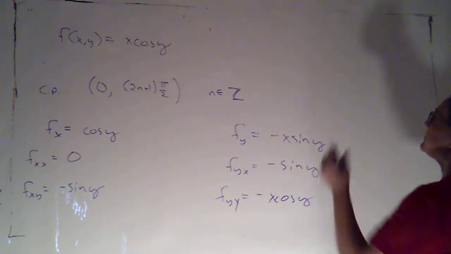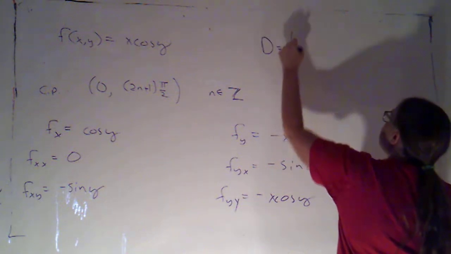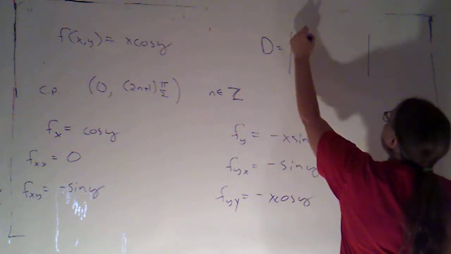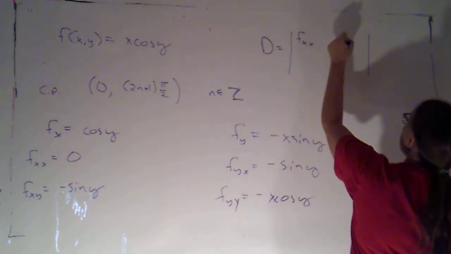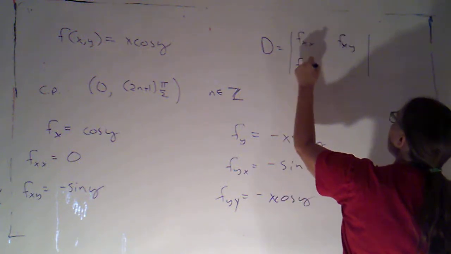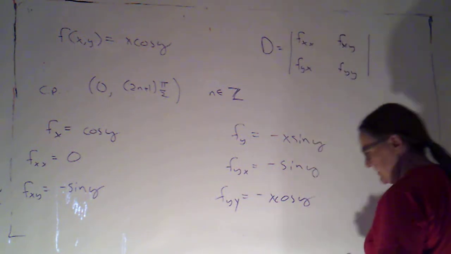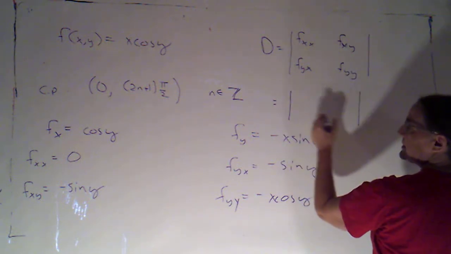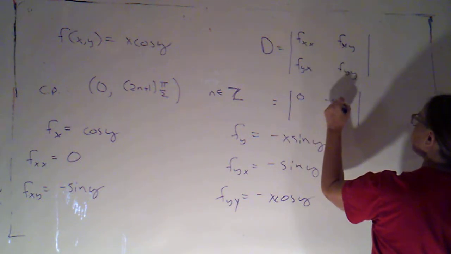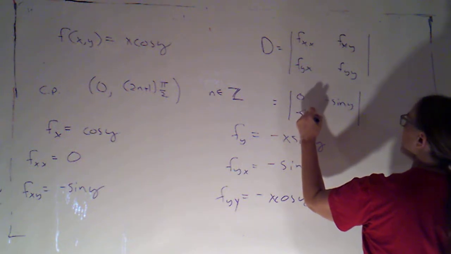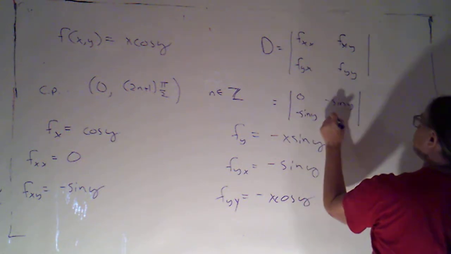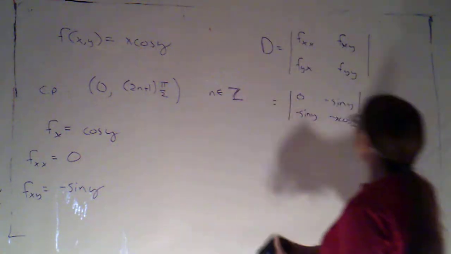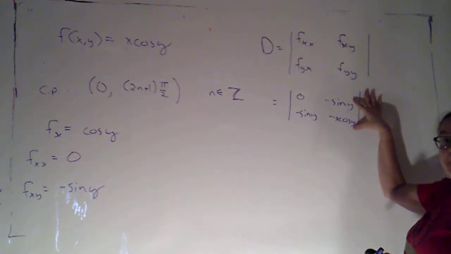So my formula for D is that it's going to be the determinant of f sub xx, f sub xy, f sub yx, f sub yy, which is going to be the determinant of 0, negative sine y, negative sine y, negative x cosine y. Now what I'm doing is I'm just writing out the functions here.